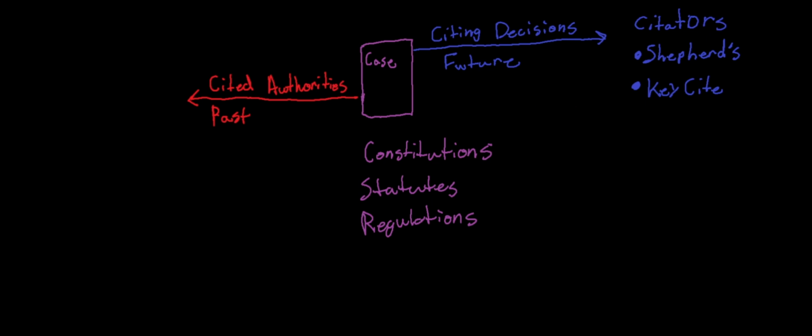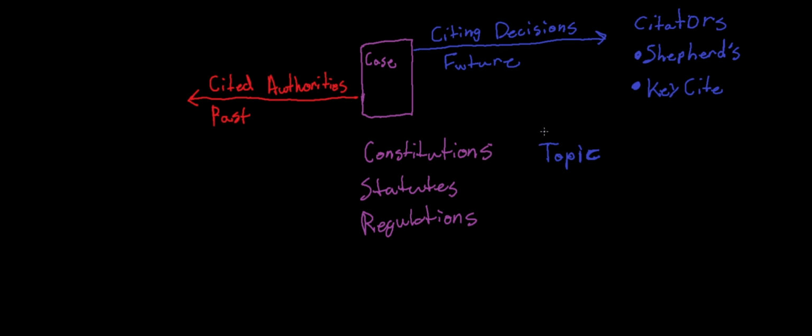For all of these, however, it is particularly useful to narrow these by topic. So both Shepard's and KeyCite have ways to narrow the citing decisions down by a particular topic or rule of law. I have found mixed results by using those topical narrowers.